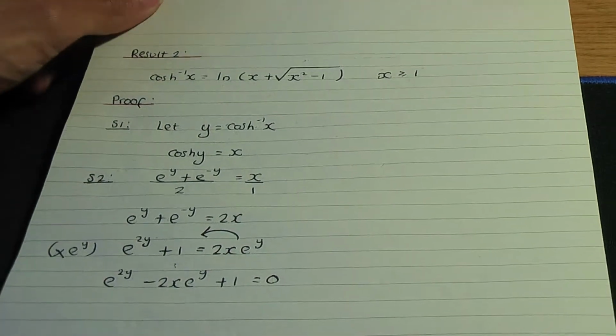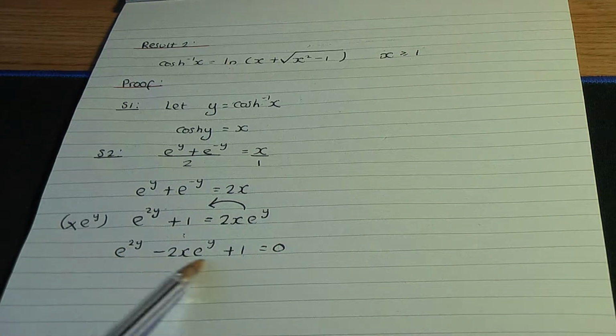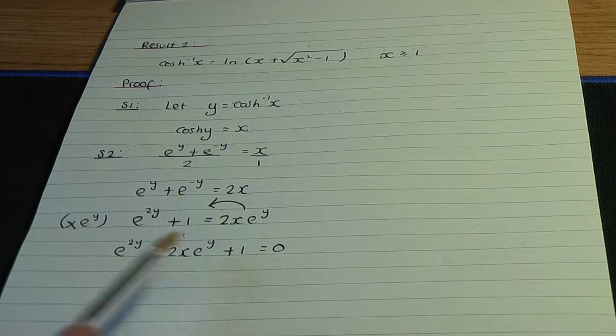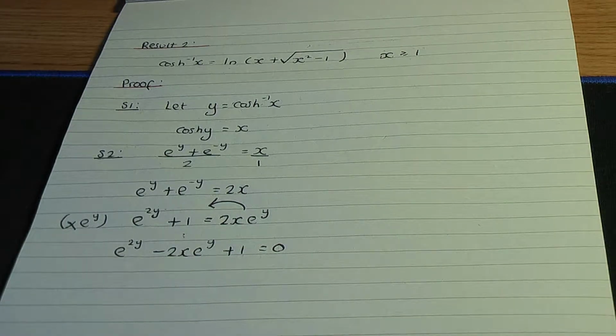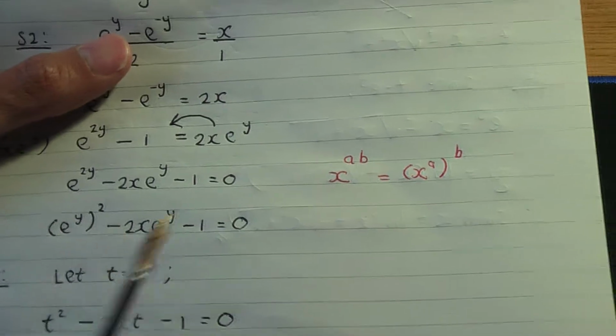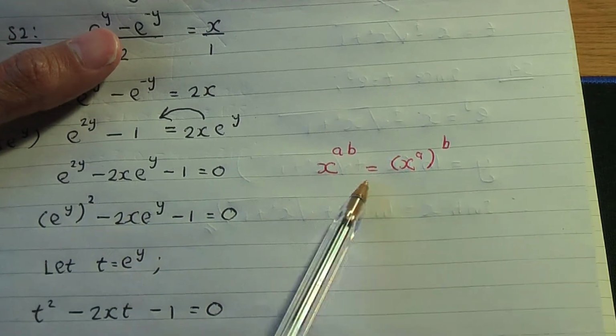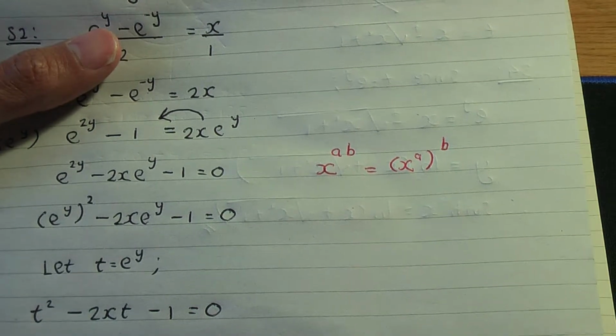If you note in the previous video, we could make this equation resemble a quadratic. If we look at the previous proof, e to the 2y is the same as e to the y squared using this result in indices.